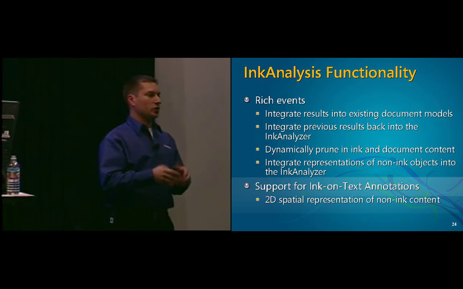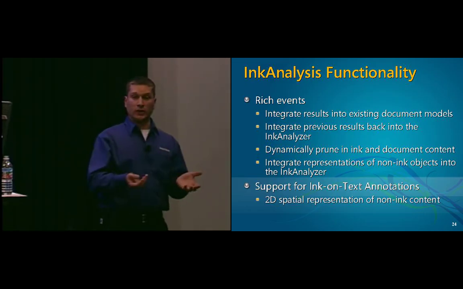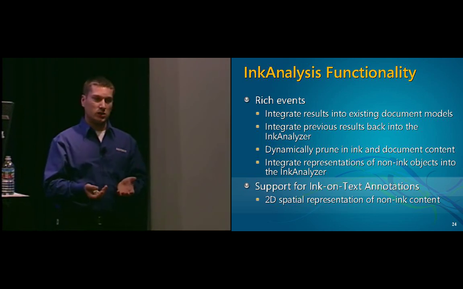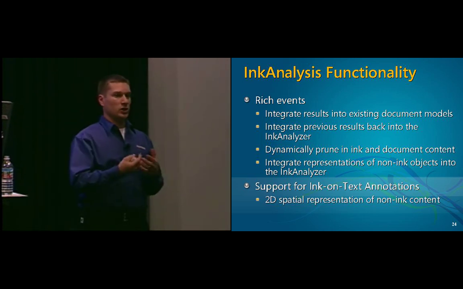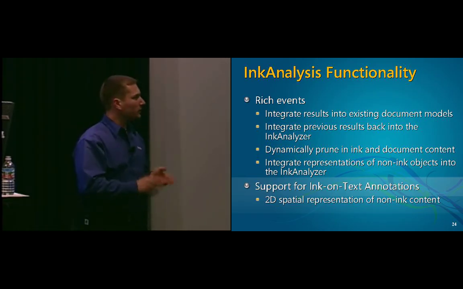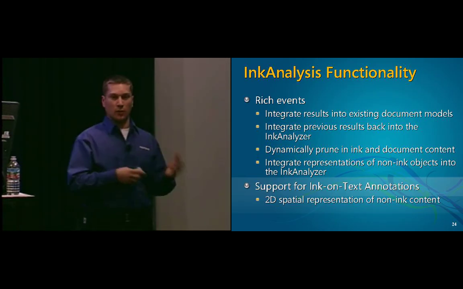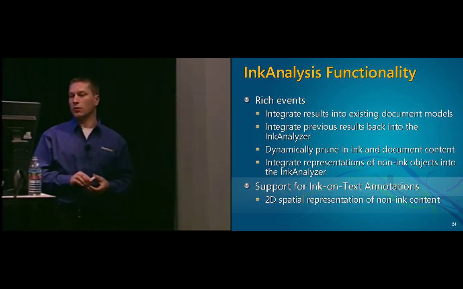That'll give you an opportunity to go query your document model, pull the ink data out, or if you're doing the situation of annotations, you want to pull out the 2D region for where your non-ink data is, your text, your images, whatever it is. You can simply tell us about those at that point in time when those events are raised.